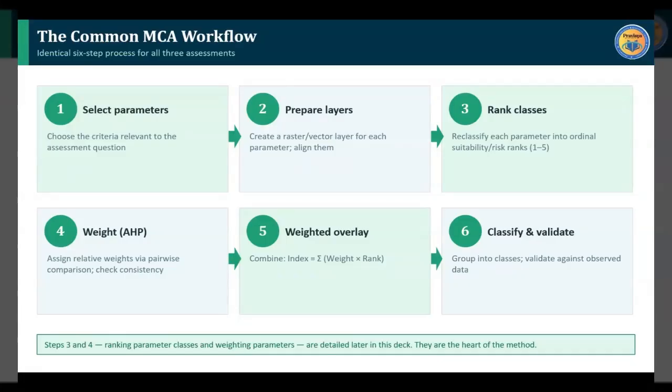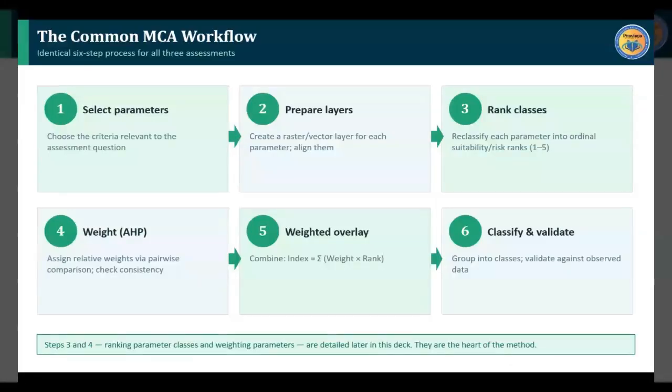Then we will take each of these three assessments in turn, about 7 or 8 minutes each, looking carefully at the parameters and most importantly, the logic behind why each parameter is chosen and how it is scored. After that, we devote the second half of the session to the methodology itself, which will include the ranking, the weighing using the analytic hierarchy process, the overlay computation, and the validation. And we will close with a glimpse of how far this same method can stretch beyond our three examples.